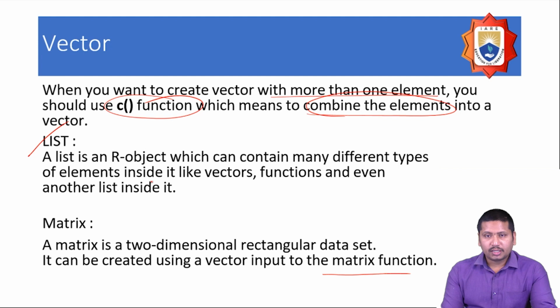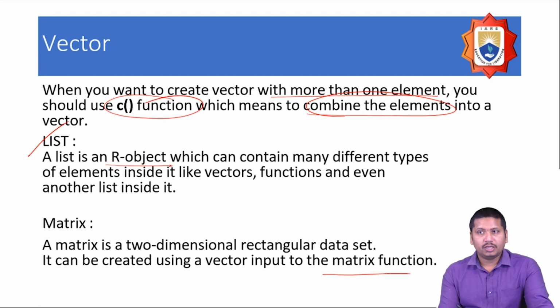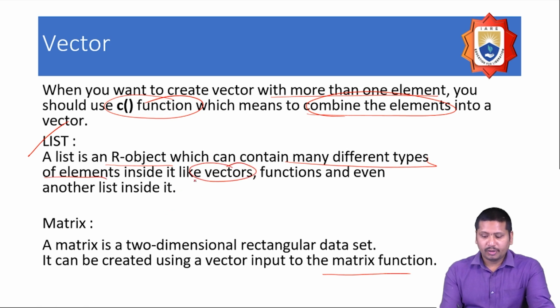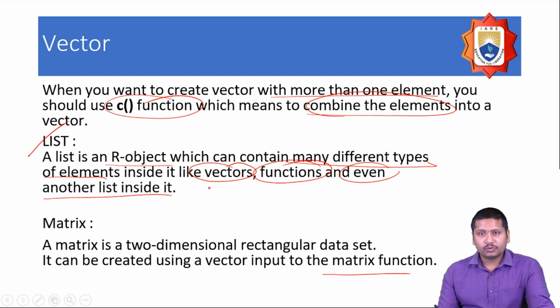The list is an R object which may also contain different data types of elements. One may be a vector, functions, and even other lists may be included. And a matrix is a two-dimensional rectangular data set, and this can be created using a vector input in the matrix function.